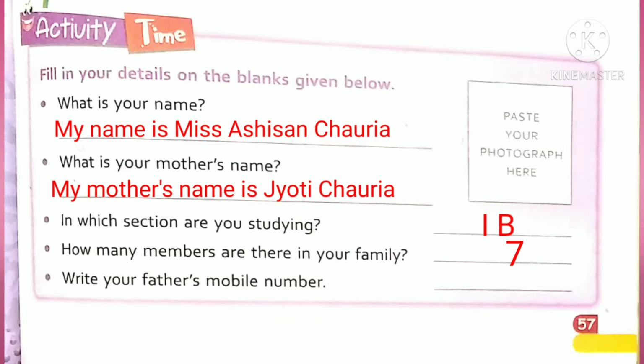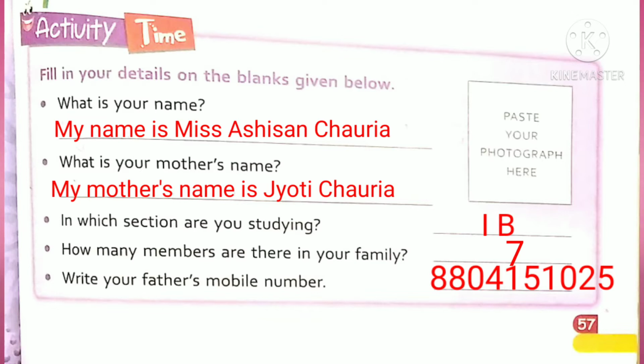Question number 5: Write your father's mobile number. Whose mobile number are you going to write? You are going to write your father's mobile number. My father's mobile number is 8804151025.